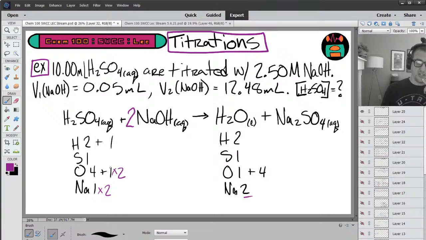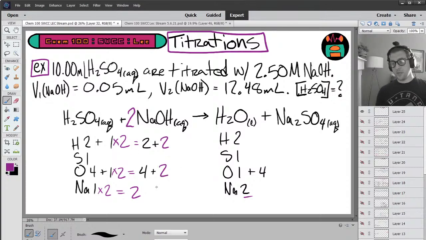This is going to change. We don't just have 1 oxygen now, we have 2, same with hydrogen. 2 plus 2, 4, plus 2.